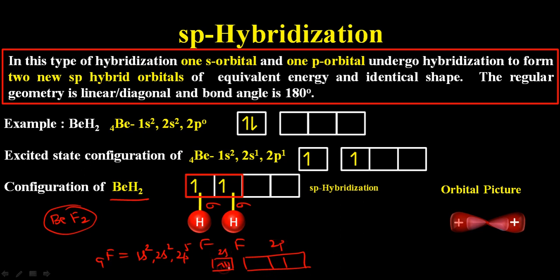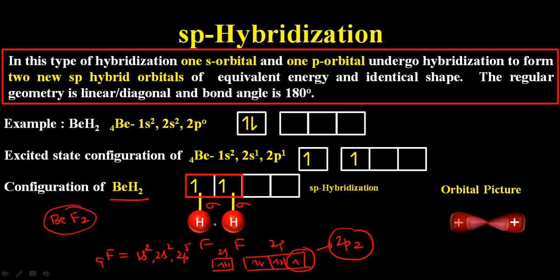In the 2s subshell we have a pair of electrons, and in the 2p subshell we have only one unpaired electron. So this unpaired electron is preferably present in the 2pz orbital, because we have to form a bond with the beryllium atom, and that bond should be sigma. Hence the pz orbital is preferable, because the pz orbital is involved in formation of sigma bonds, not 2px and 2py.